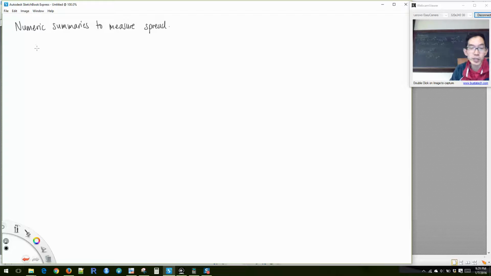And spread, or dispersion, is this concept of our data points, the values in our data, are they similar to each other, or are they vastly different from each other? Okay.